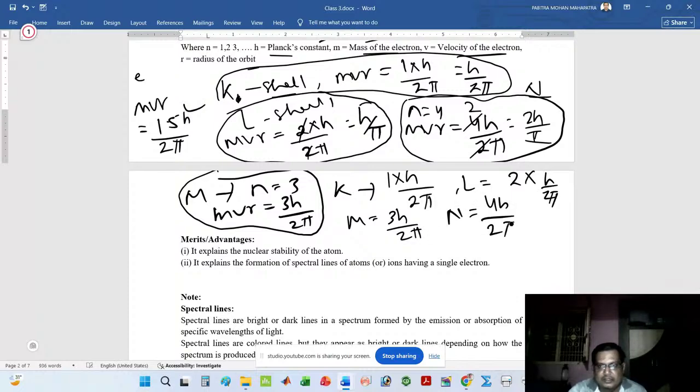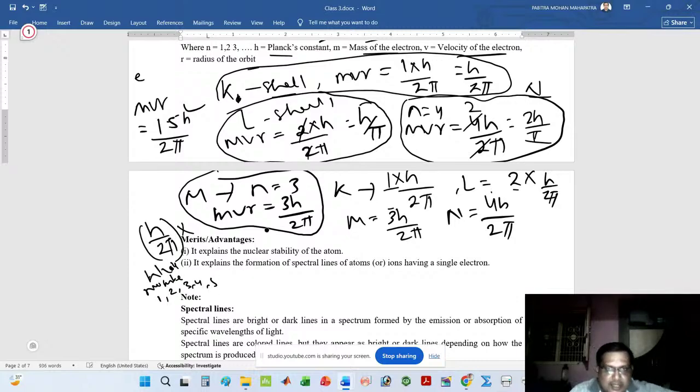Here 1, here 2, here 3, here 4 is given. All are whole numbers. So the angular momentum of each shell has a general form, h by 2 pi multiplied by a whole number. Whole numbers mean 1, 2, 3, 4, 5, like this.